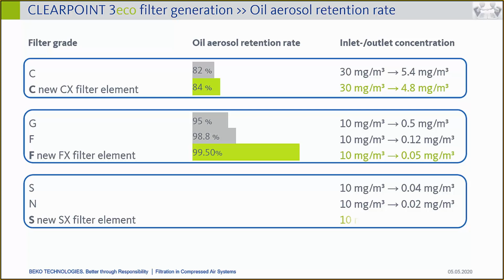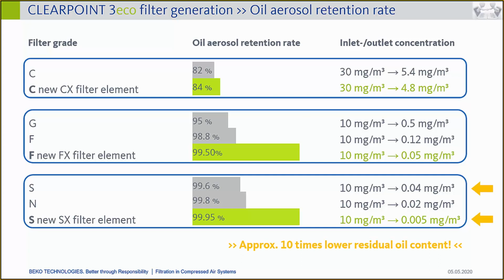And with the new SX filter element, we could go down to 0.05. And that's the total result in the retention rate in oil aerosol concentration. Easy to identify that we have an almost 10 times higher residual oil content comparing the old S series to the new SX series.